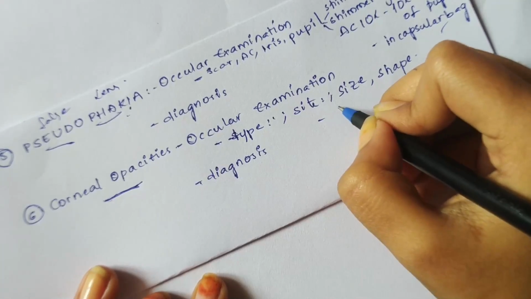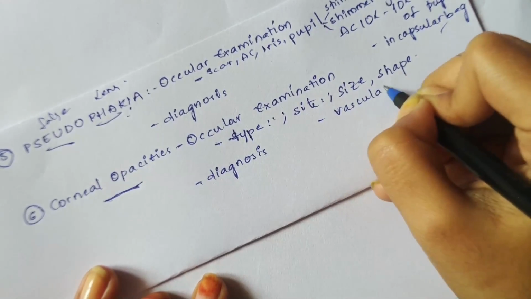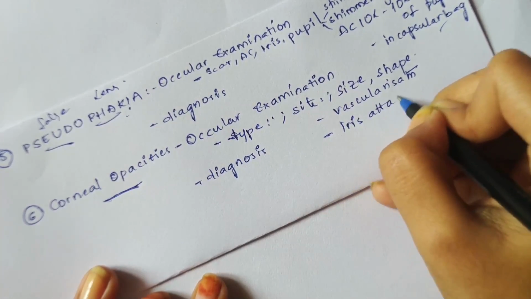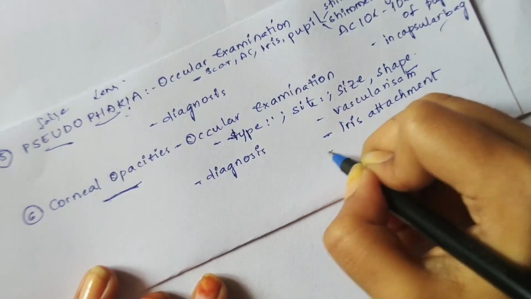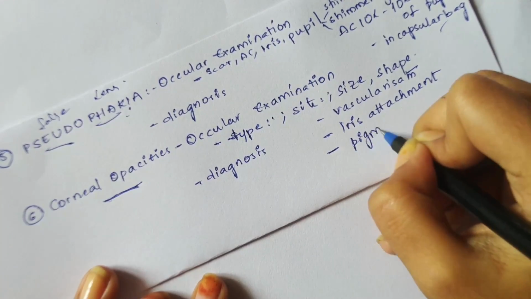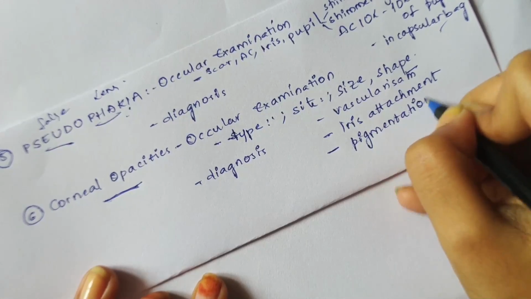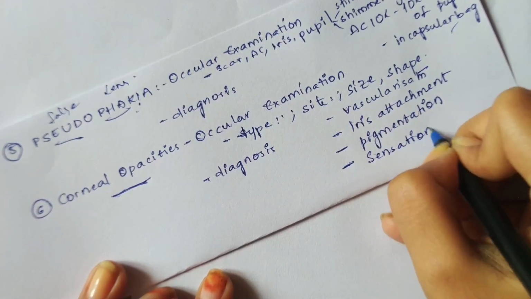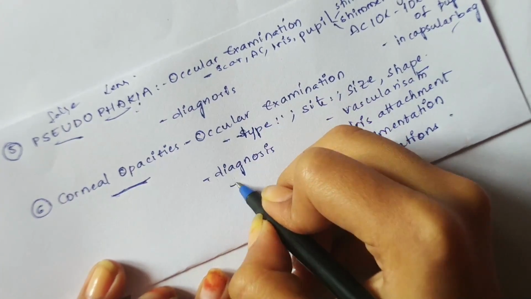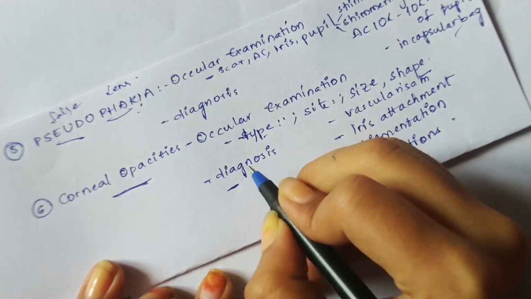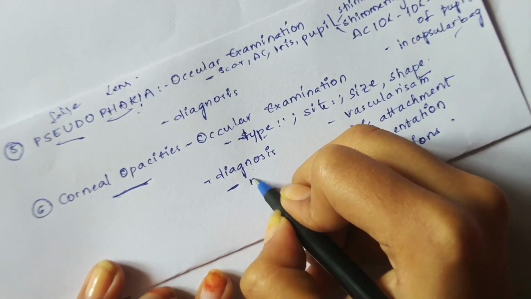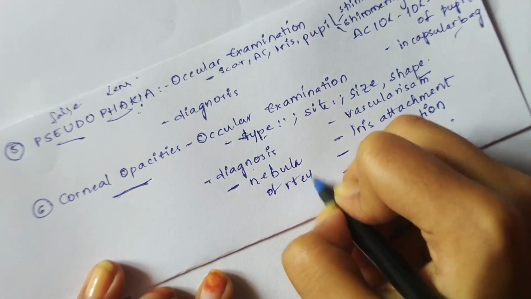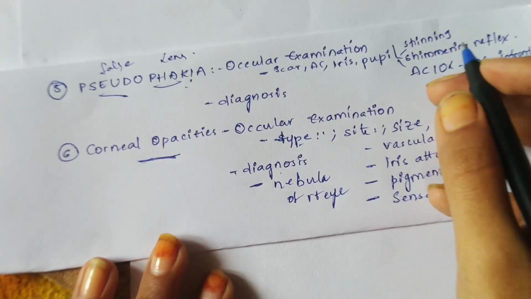Apart from this, you will write whether there is corneal vascularization or not, whether there is iris attachment to the cornea or not, and whether there is any pigmentation of the corneal opacity. And finally sensations, whether they are normal or reduced. And for the diagnosis, you will write the type of corneal opacity. For example, if it is a nebula you write nebula, and if it is on the right eye you write right eye. This completes the short cases.